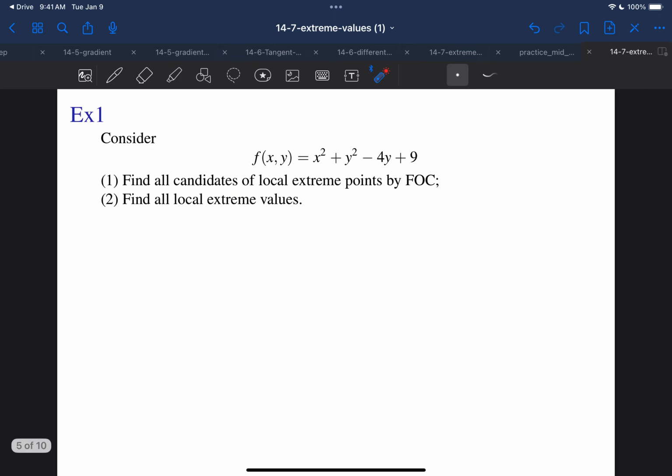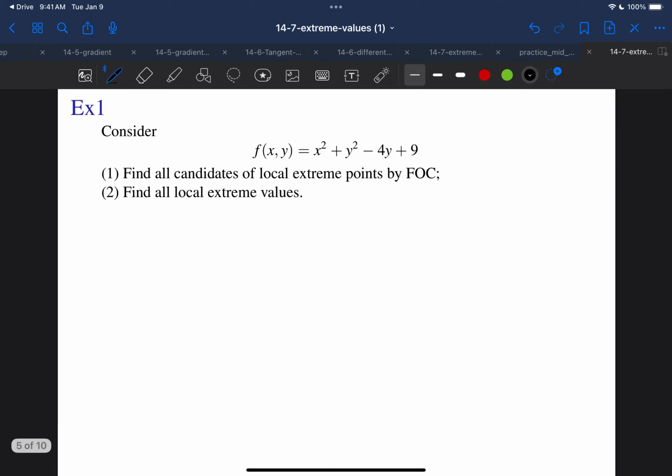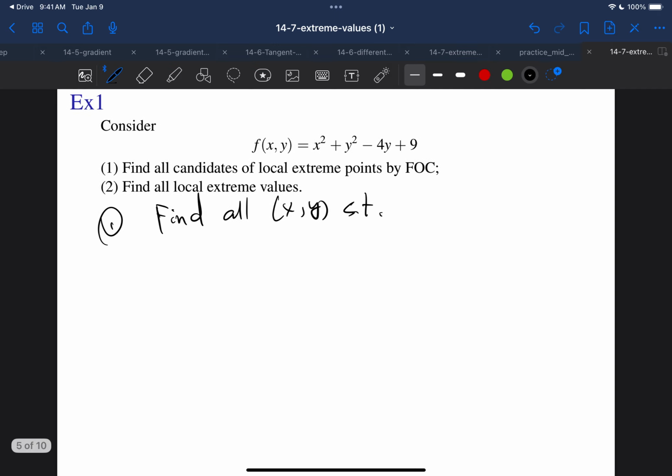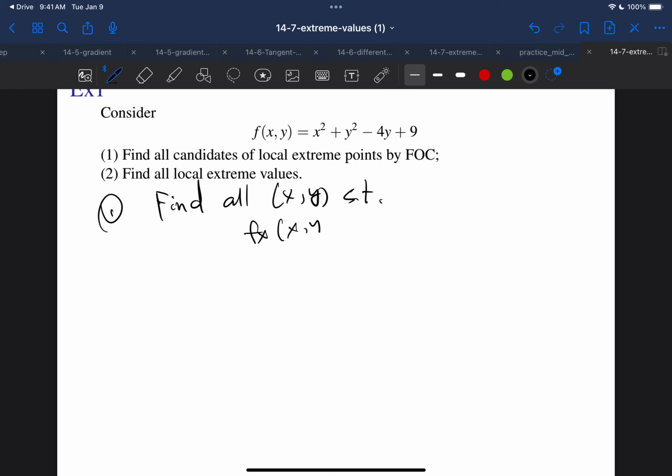So find all candidates of local extreme points by FOC. Which means I want to find all (x, y) that satisfy the first order condition, f_x(x, y) equals 0 and f_y(x, y) equals 0.